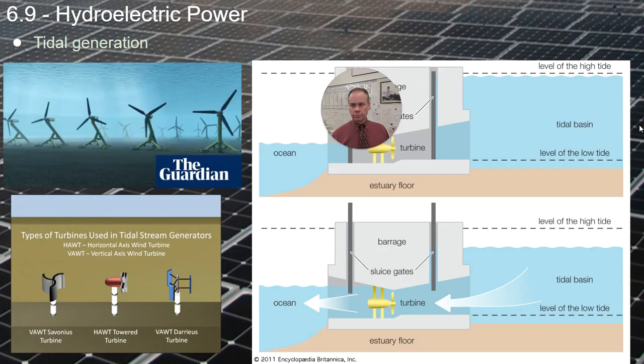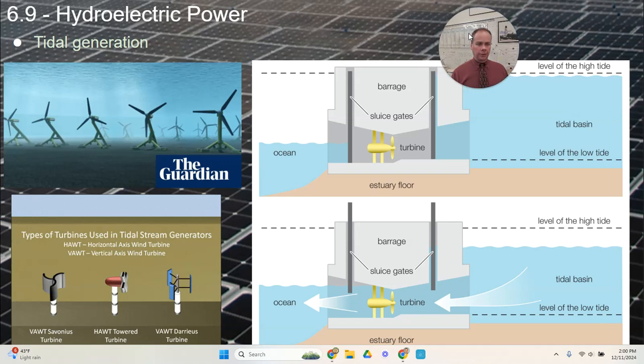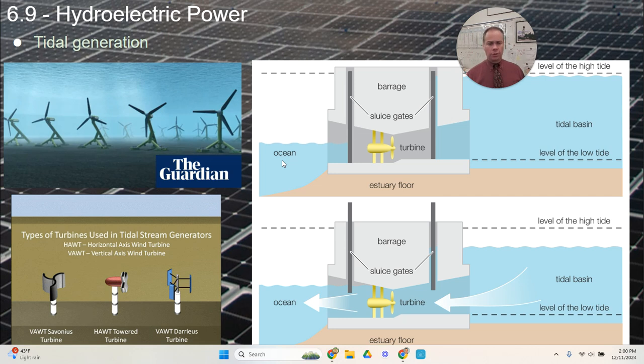There's also the possibility of using tidal generation or wave action to generate electricity. The tides rise and fall each day, obviously, and so there are special turbines which are suited to capturing this energy.